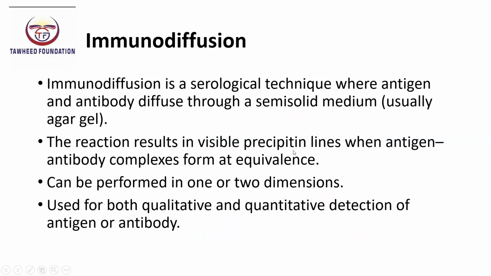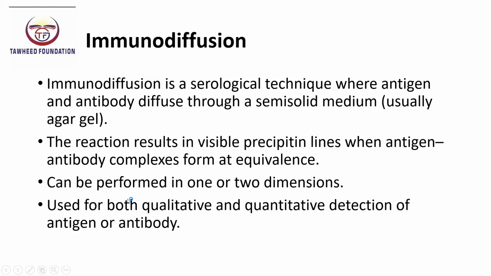Next is immunodiffusion. As I mentioned earlier, it is a serological technique in which both antigen and antibody diffuse through a semi-solid medium, usually agar gel. When they encounter each other in optimal proportion, they form a visible precipitin line representing the antigen-antibody complex. This reaction can be carried out in one or two dimensions depending on the setup and diagnostic purpose.